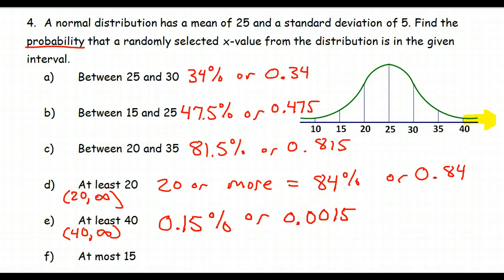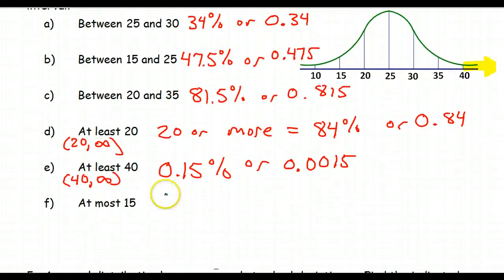Okay, now, at most 15 means that 15 is the highest number possible. This means 15 or less. Okay, at most 15 means 15 or less. Can't be anything higher than 15.